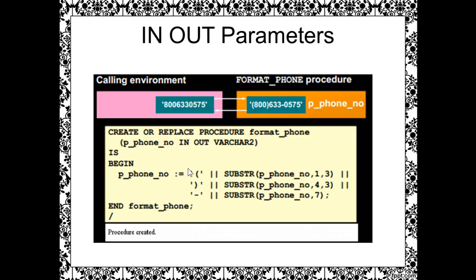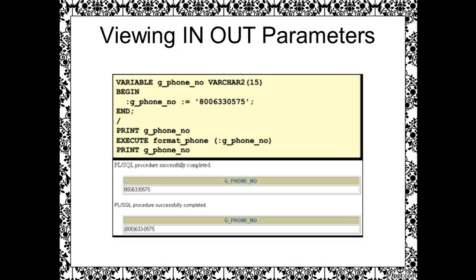Then p_phone_no is set using substr of p_phone_no, 1, 3, and this is how to end the format_phone procedure, with substr of p_phone_no 4, 3 and substr of p_phone_no 7, and we end format_phone.